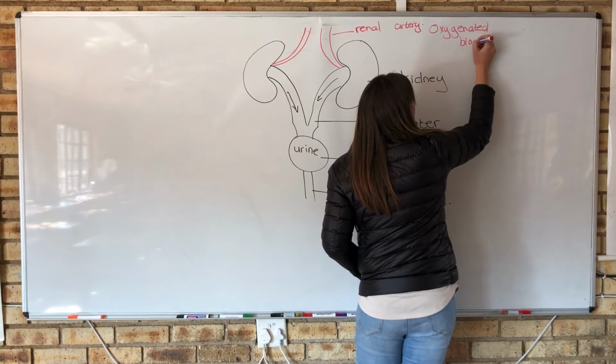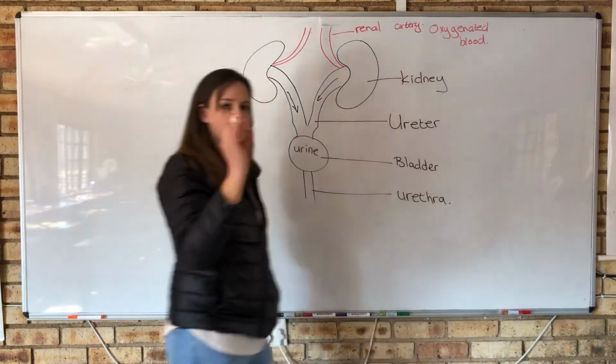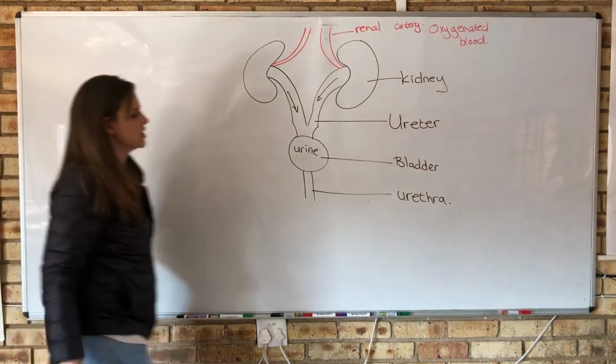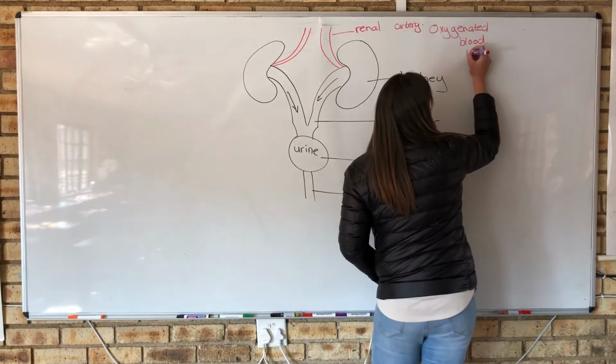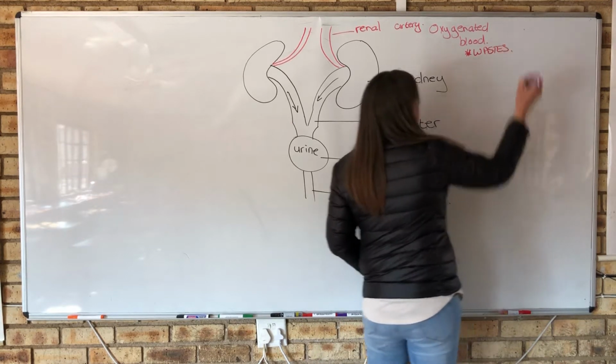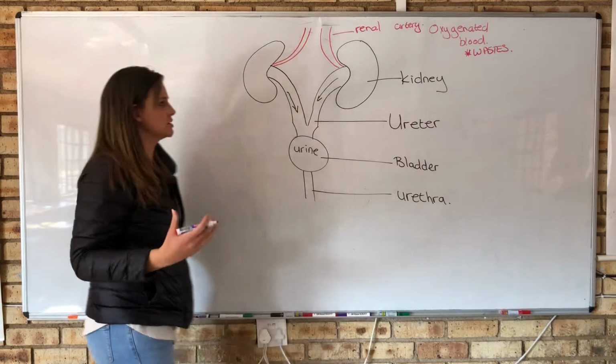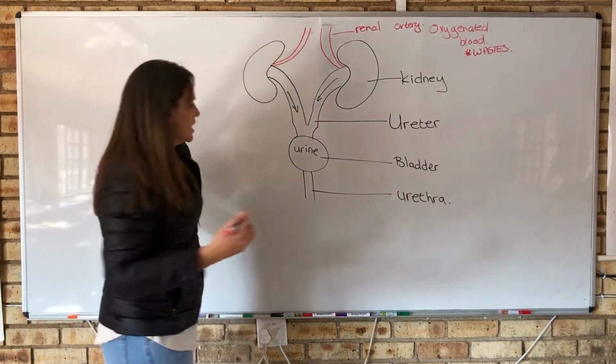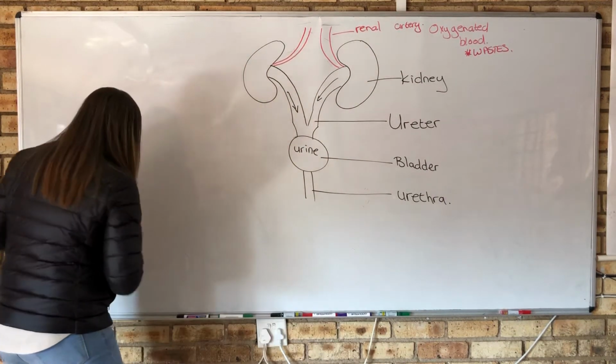Oxygenated blood to the kidney. However, grade 9s, that oxygenated blood has lots and lots of wastes. There's a large amount of waste products, and so what happens at the kidney is a process to eliminate those wastes.